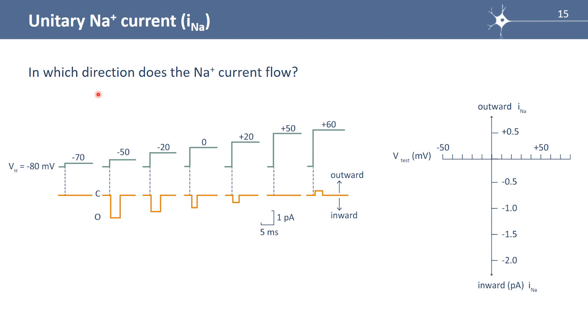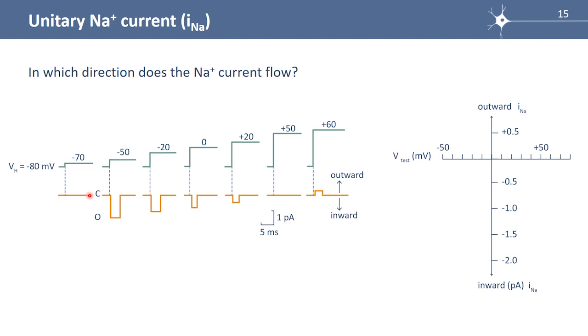In which direction does the sodium current flow? We record the unitary sodium current in cell-attached configuration as before and in voltage clamp mode. Here we hold the membrane potential at minus 80 millivolts and we apply a depolarizing step to minus 70 millivolts.